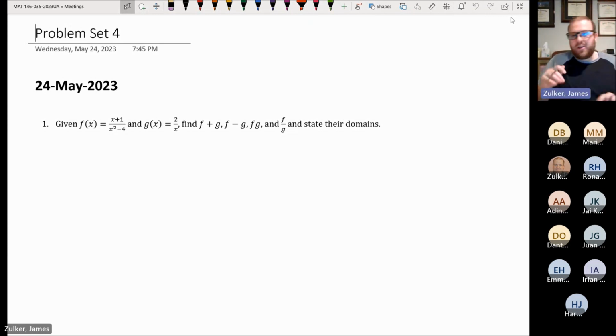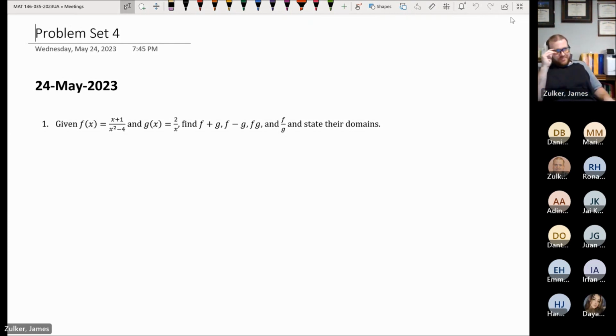Continuing on, we are now going to look at combining functions. There are 5 operations on functions. Well, I guess 6 operations on functions. We have addition, subtraction, multiplication, division. Then we have composition and inverse. However, inverse functions we don't look at until tomorrow.